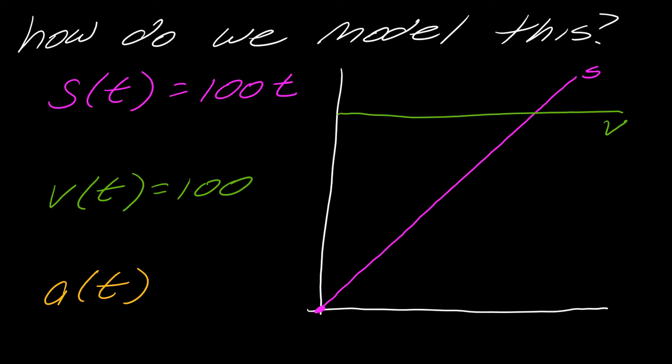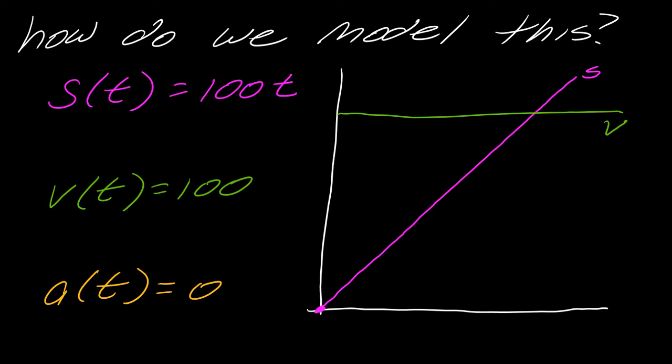Okay, so now I want to think about acceleration. Forget about the calculus for a moment. If you're moving at a constant speed, are you accelerating the vehicle? You're not, right? There is no acceleration. So this actually makes sense from the calculus standpoint. If I take the derivative of 100, what is the derivative of 100? It's 0.